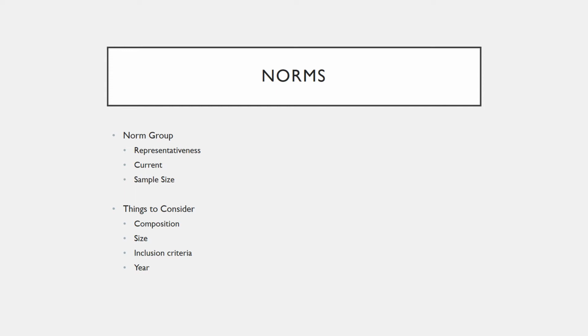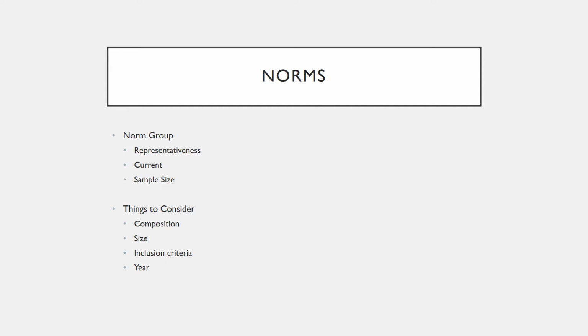And again, the norming group refers to the group of individuals with whom the criterion for the test or the assessment is used to judge things like percentile of scores. This doesn't necessarily mean that you're going to use a whole big group of people at the same time that your client is taking the assessment.